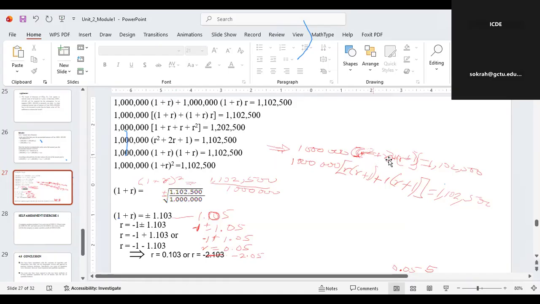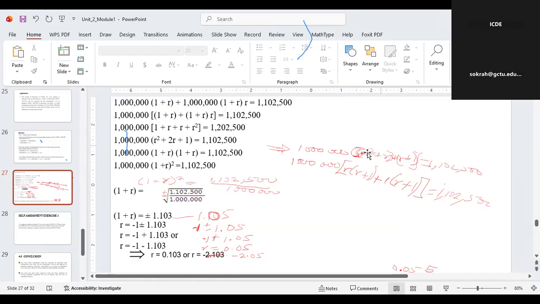So it becomes 1 million into bracket r squared plus r plus r plus 1, bracket close, equal to 1,102,500. Then I put them into pairs of brackets and I begin to factorize.